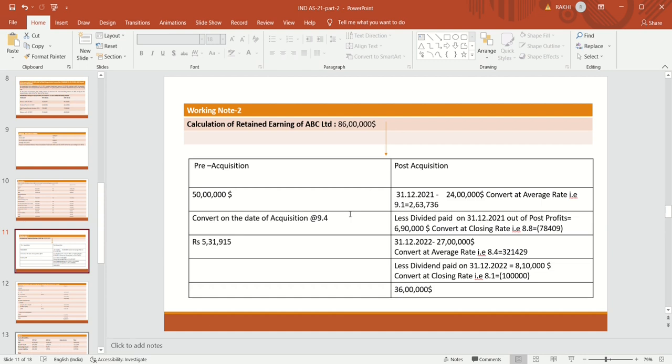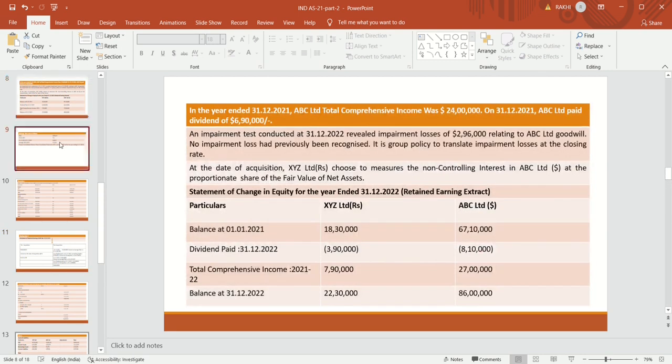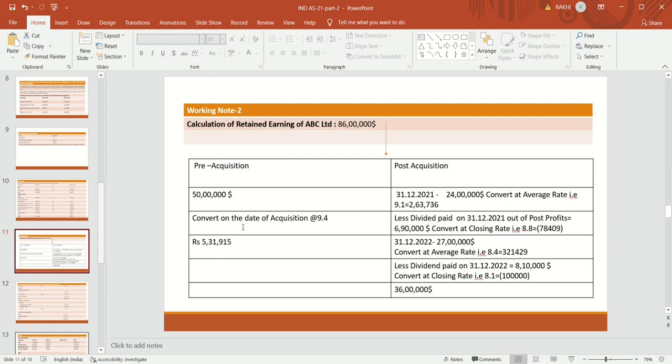That is, on 31st December 2021, it is said in the question that for the year ended 31st December 2021 the ABC comprehensive income is $24 lakhs. So on that date it has a retained earning of 24 lakhs. We will convert that by taking the average rate.